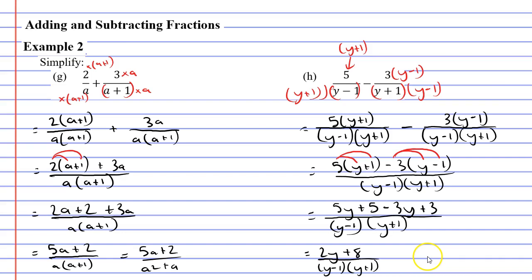much nicer fraction. You may have noticed this is an example of the difference of two squares. Both expressions are the same, one's a minus and one's a plus. So how do we expand such an expression? Well, we look at the first term, which is the same in both sets of brackets, and we square it, giving us y squared.